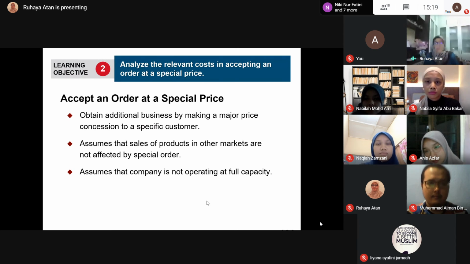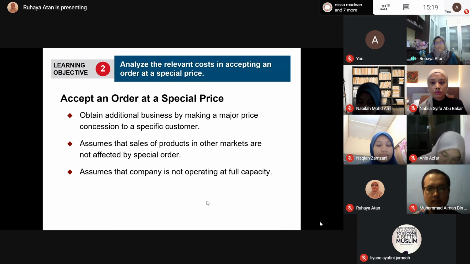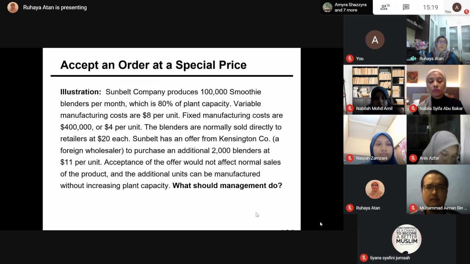We still have some people under work, so we can still get some of them to handle this 100 packets of nasi lemak order special for today. So they are not operating at full capacity. This is the assumption that we make when we do this analysis, accepting an order at a special price. Okay, so let's move on to the calculation.